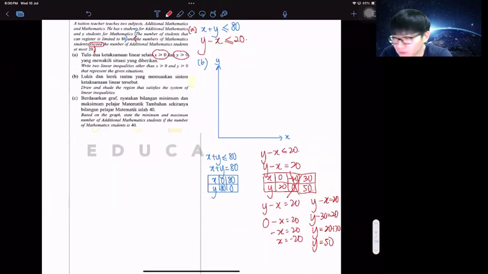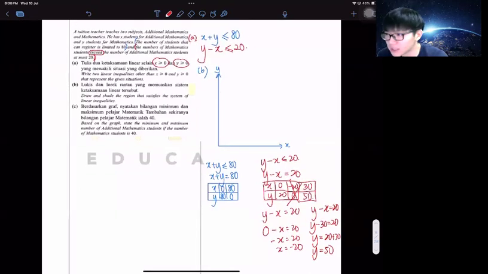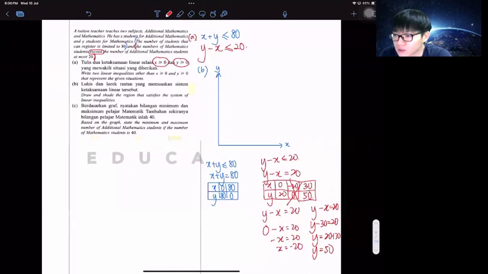Of course, you try to avoid strange numbers like, teacher, I want to use my favorite number, my lucky number 13. Can, but how you think of whether it's easy to plot it out or not.